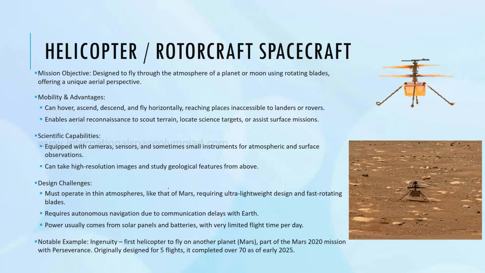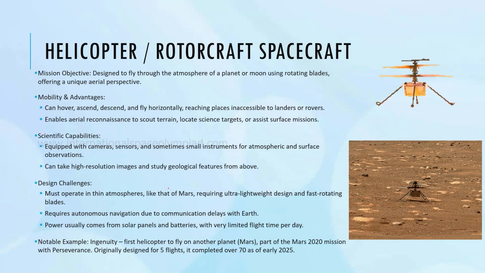Okay, then the helicopter or rotorcraft, you can see, is the only one. It's Ingenuity, and it can hover, ascend, descend, and fly horizontally, reaching places inaccessible to landers or rovers. The problem for a rover is that it moves through the terrain, so depending on the terrain, if it is uneven, it's quite difficult to move.